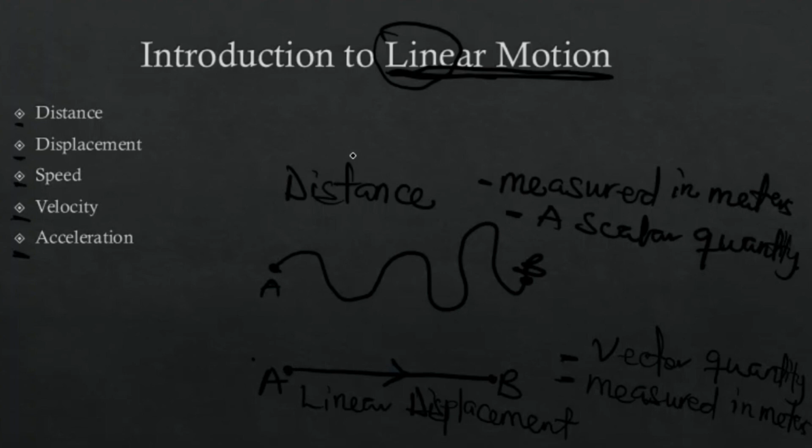Assuming the body takes a straight path from its initial point to its final point, but not necessarily in a specified direction, that total path could be equal to the linear displacement taken by that same body, because the body will be taking its shortest path possible from its initial point to its final point. So distance is always greater than the linear displacement, or equal to the linear displacement if it's taken in a straight line, but not necessarily in a specified direction.